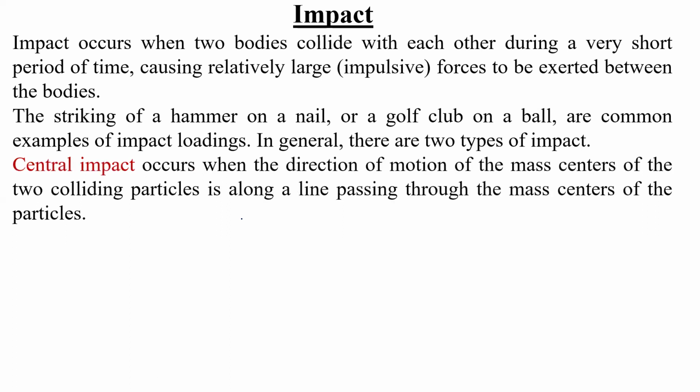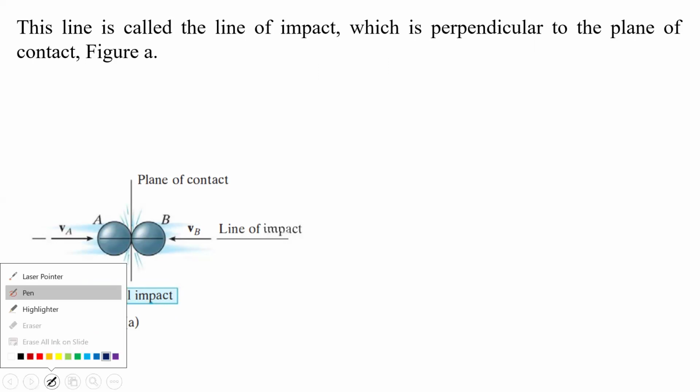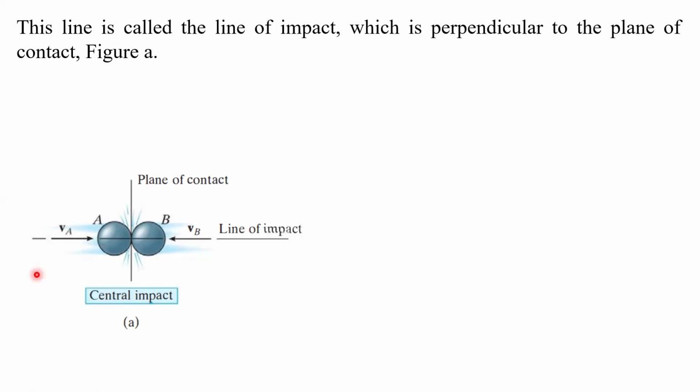Central impact occurs when the direction of motion of the mass centers of the two colliding particles is along a line passing through the mass center of the particles. It can be seen here that object A is coming from the left towards the right on the x-axis.